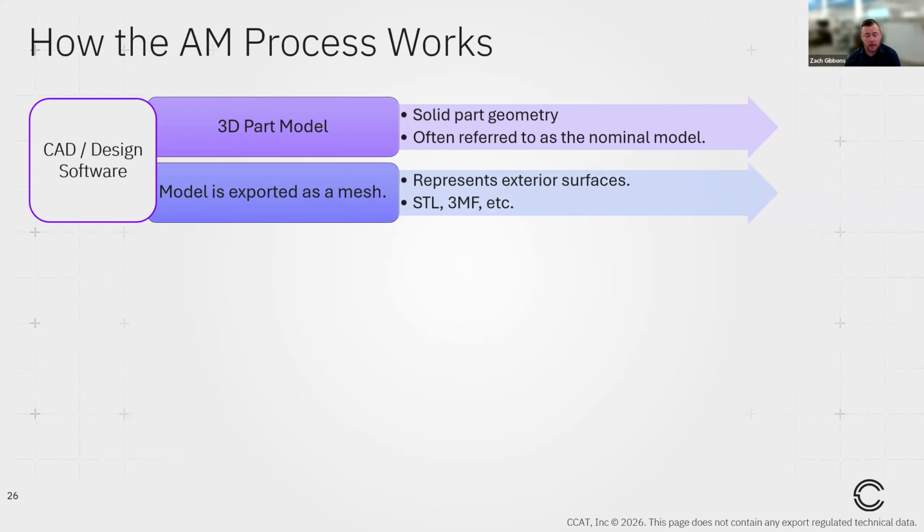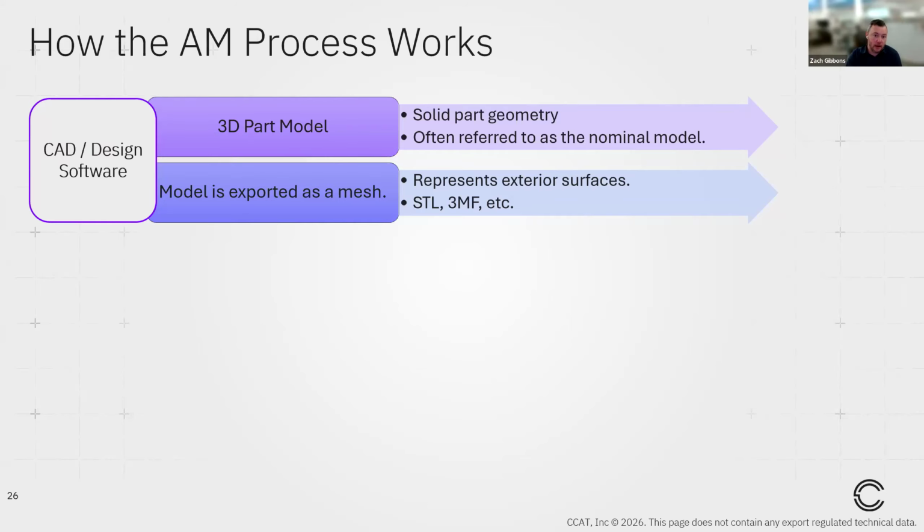That 3D part model, when I design a part in CAD, we can go into that CAD software and assign a material. Once I assign a material, we can now assume things like mass of that given part. That mesh geometry is not a solid geometry. It is only a representation of the exterior surfaces, but that is what we're using to start our print journey.